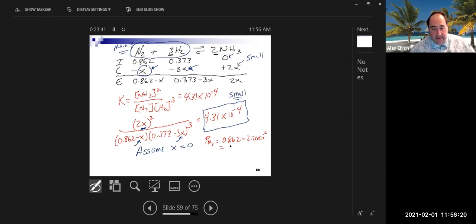And again, these are pressures, so the unit there is atmospheres. The pressure of H2 would then be 0.373 minus 3 times 2.2 times 10 to the minus 3, and that's going to get us 0.366 atmospheres.